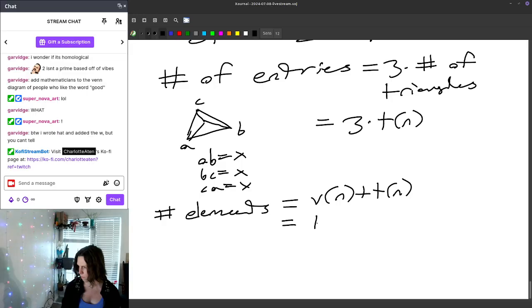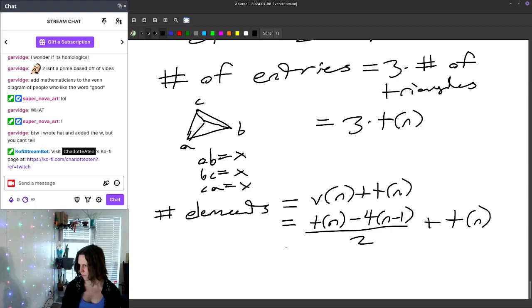So plus t of n. So in other words, here we're going to have 1/2 t of n, here we're going to have 1. So 3/2 times the number of triangles minus 2 times n minus 1.